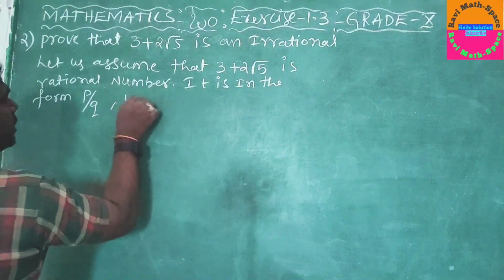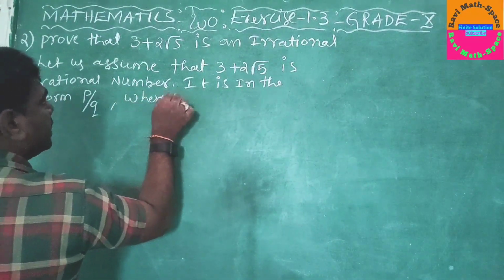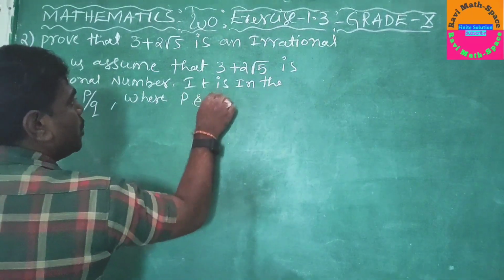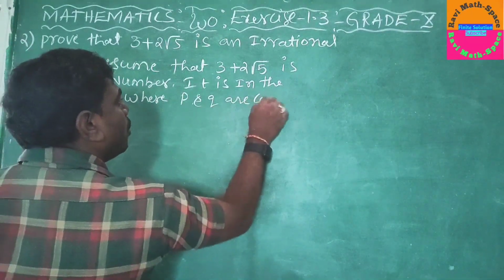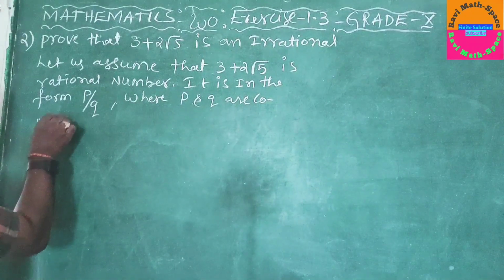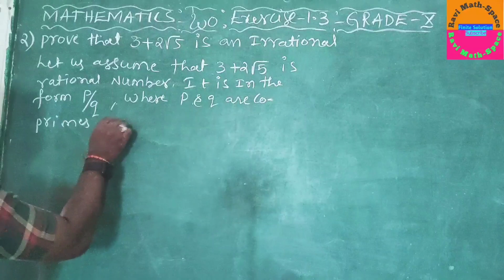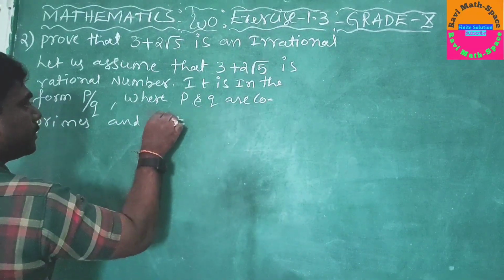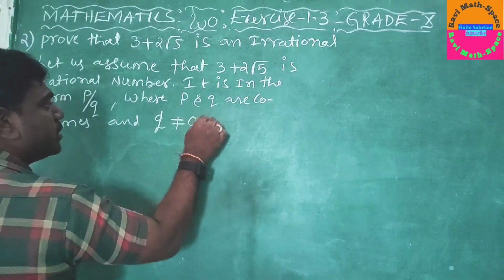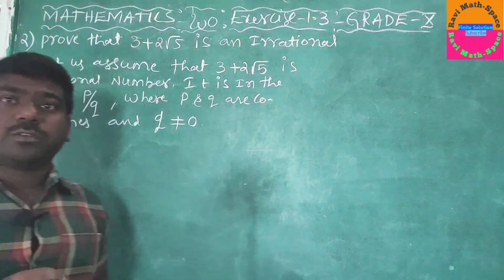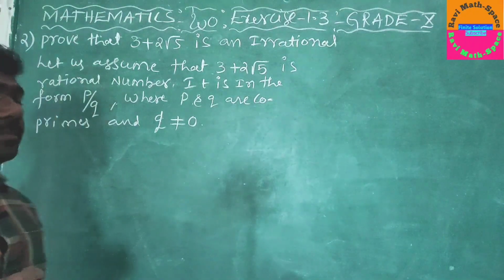What conditions should we write? The rational number conditions: p and q are co-primes and denominator q is not equal to 0. This is the first step.